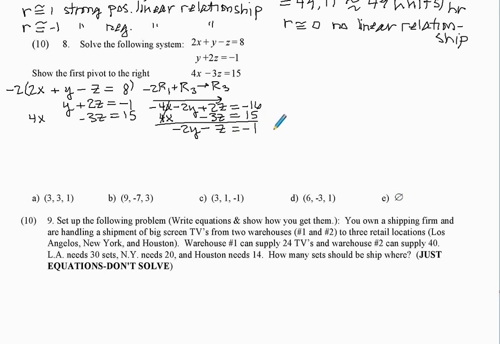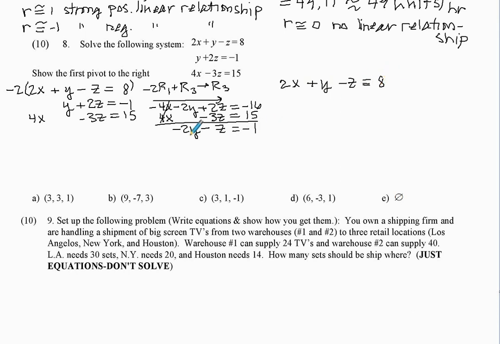To simplify things, we could multiply through by -1, but let's just leave it. Remember, we're just replacing the third equation. The first and second equations stay the same. So the first equation is 2x plus y minus z equals 8.